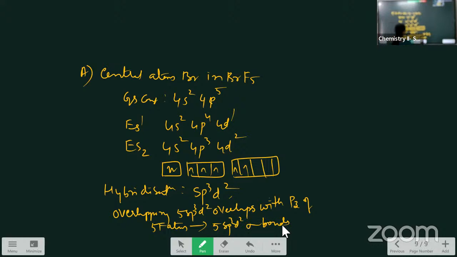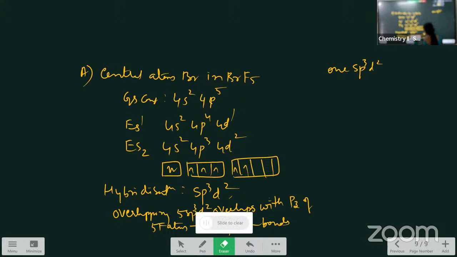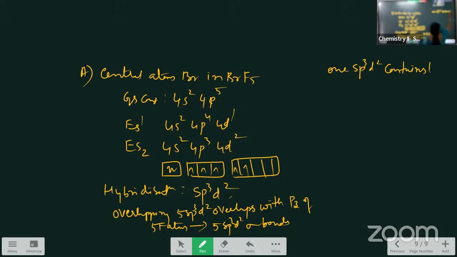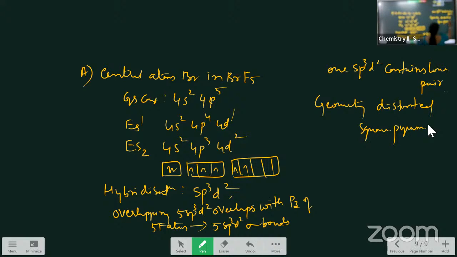Okay, the next, 1 sp3d2 contains lone pair. Okay, the next geometry, geometry क्या है? Distorted square pyramidal. Okay, then उसका डायग्राम डाल दो.